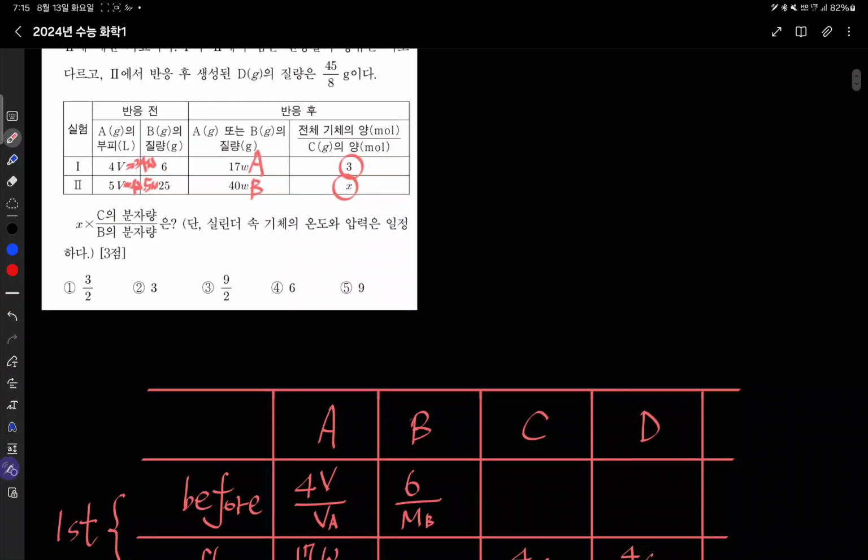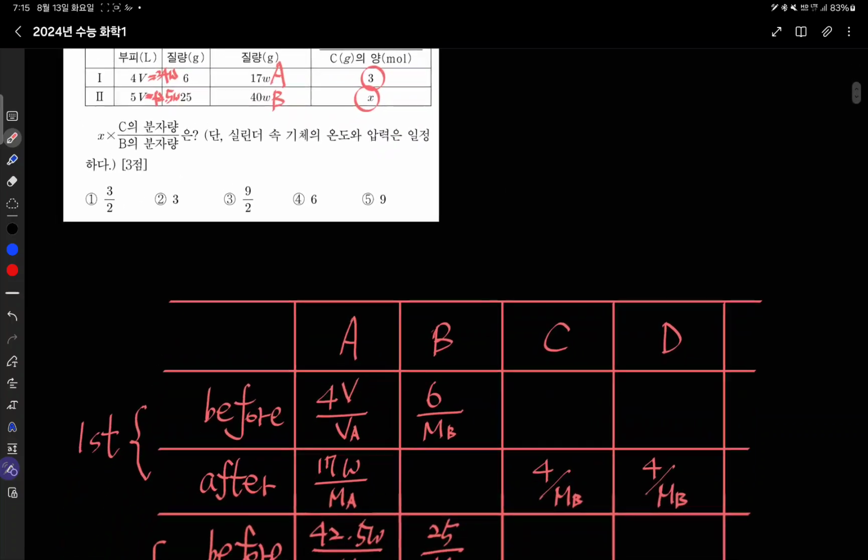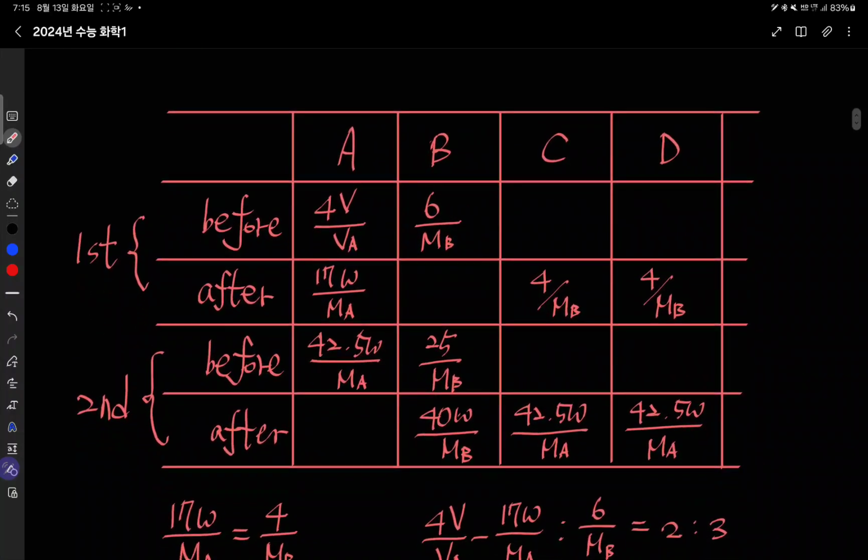And then the amount of gas D produced in the second experiment is 45 over 8.